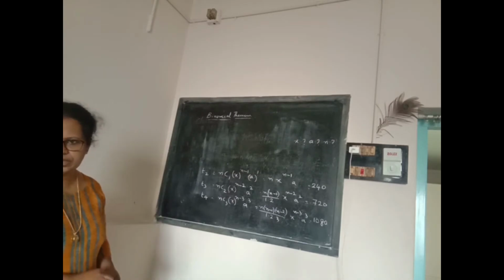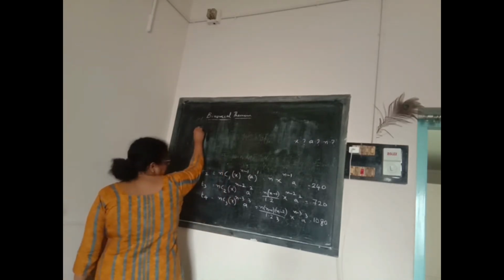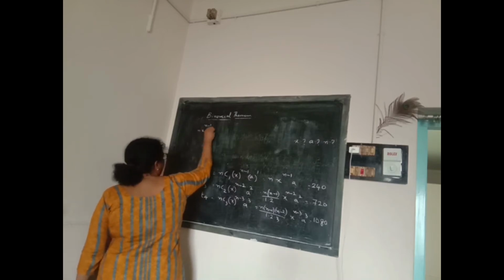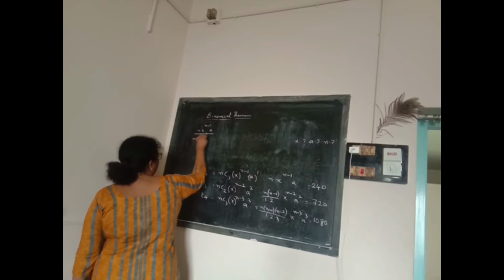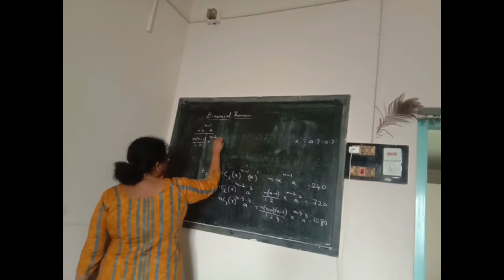First one divided by second. So what will you get? n x raised to n minus 1 a divided by n into n minus 1 by 1 into 2, x raised to n minus 2 a squared.